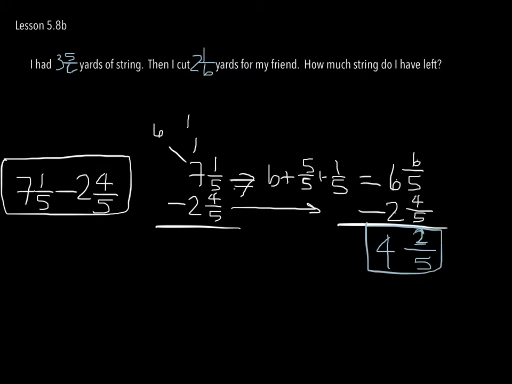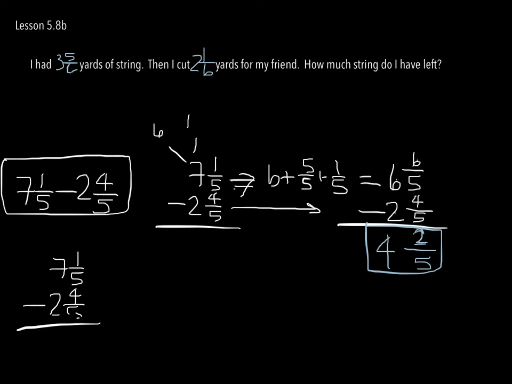Now, ladies and gentlemen, we're going to look at this problem several different ways. So let's look at it a different way. Here we go. Again I'm going to write it like this: 7 and 1/5 minus 2 and 4/5. Now, right now, if I want, I can automatically rename and basically borrow.